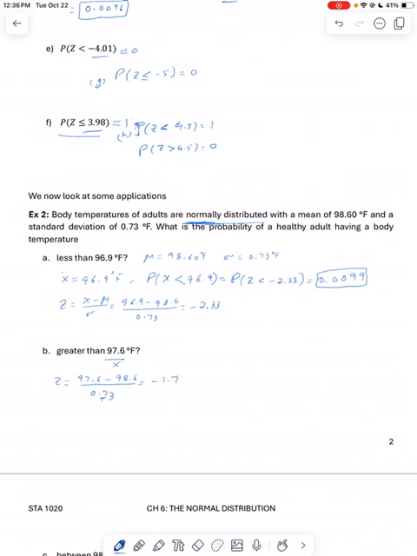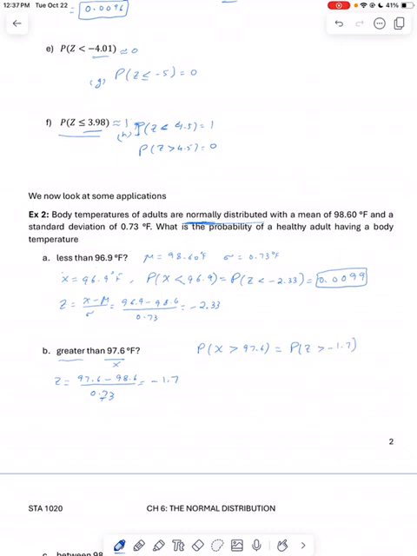Which makes sense because x is smaller than mu. But now it is greater than. So what I'm trying to find is the probability that the x variable is greater than 97.6, which is the same as the probability that z is greater than negative 1.7.